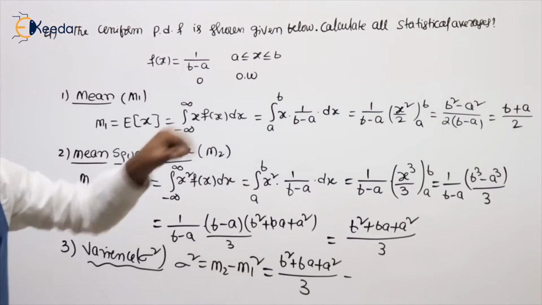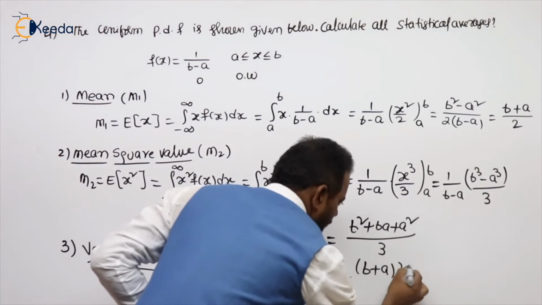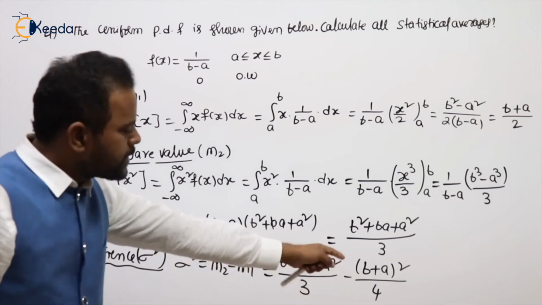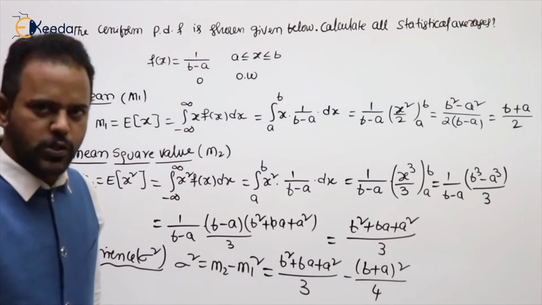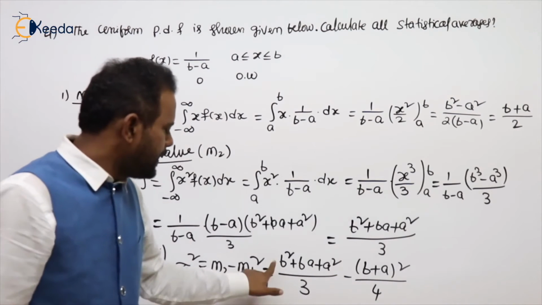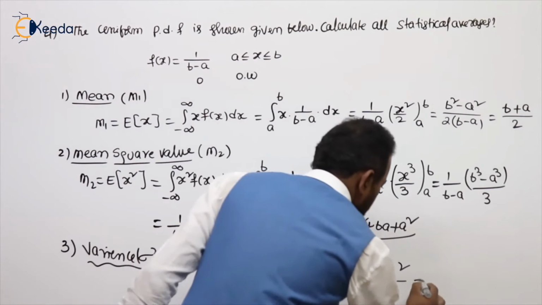What is the mean value we got? (b plus a) whole square by 2. 2 square is 4. (b plus a) whole square, the expansion is b square plus 2ba plus a square. Take the LCM. Here 4b square, here 3b square, remaining is 1b square.